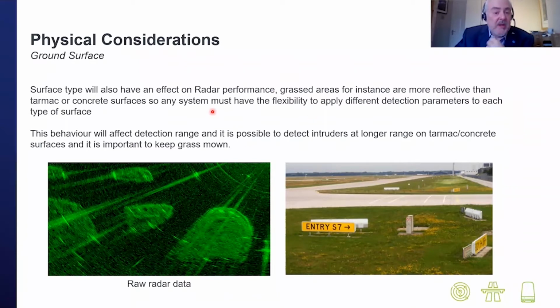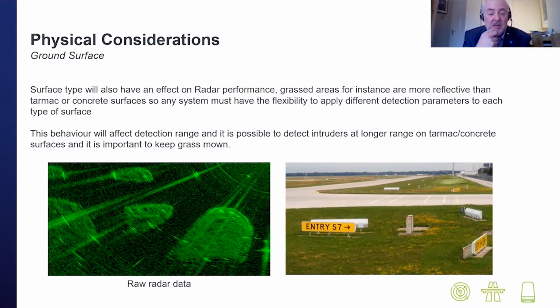So it's very important that any system that's specified needs the flexibility to adapt or to apply different detection parameters to all those types of surfaces. This will affect the detection range of the radar itself. So on tarmac and concrete, for instance, we can detect intruders at much longer range than is possible on grass.